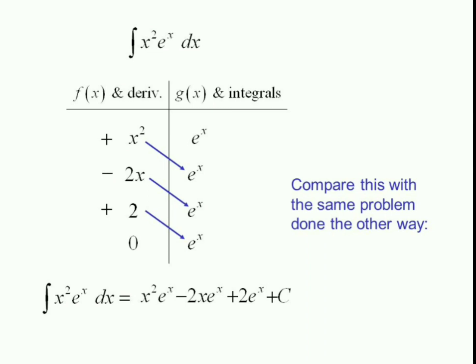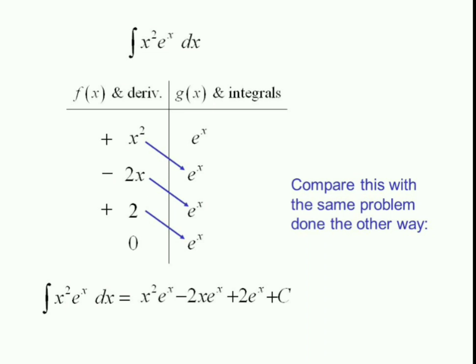Then the answer of the integral of x squared times e raised to x dx is equal to the first, x squared times e^x. Then the second row, minus 2x times the third row of g(x), that is e raised to x.